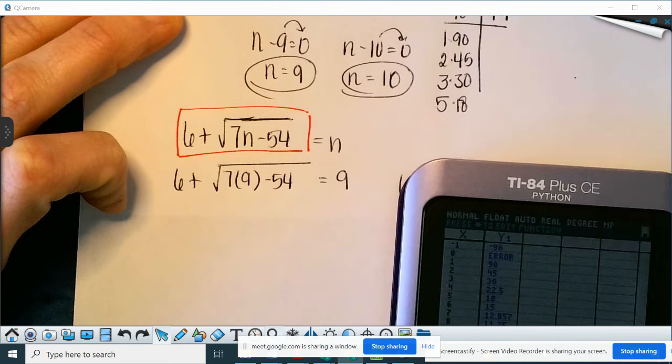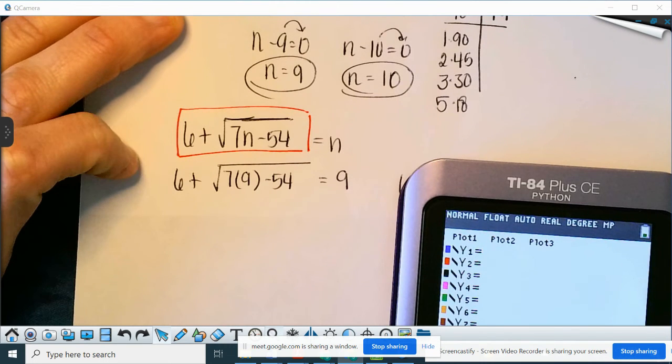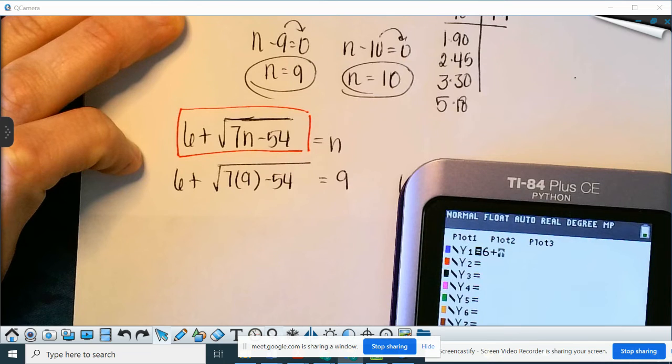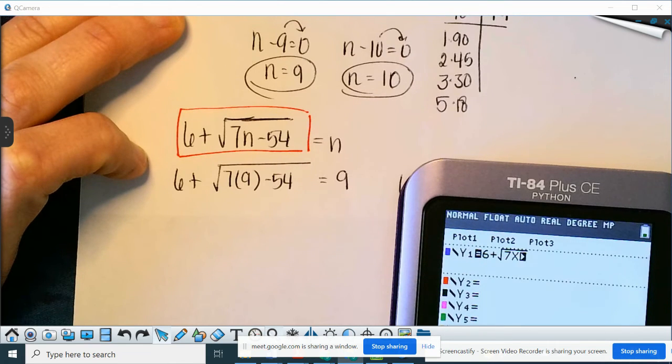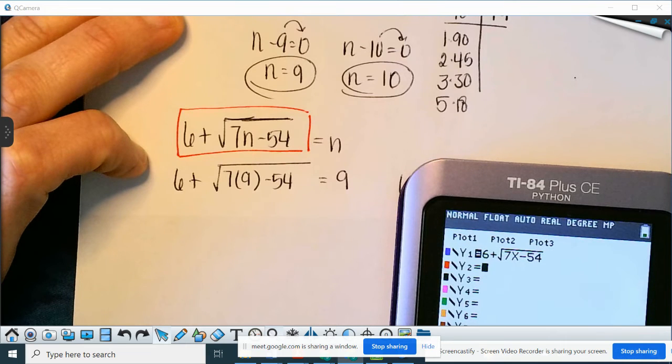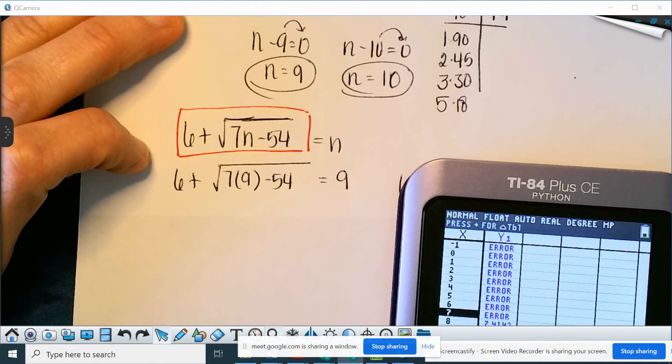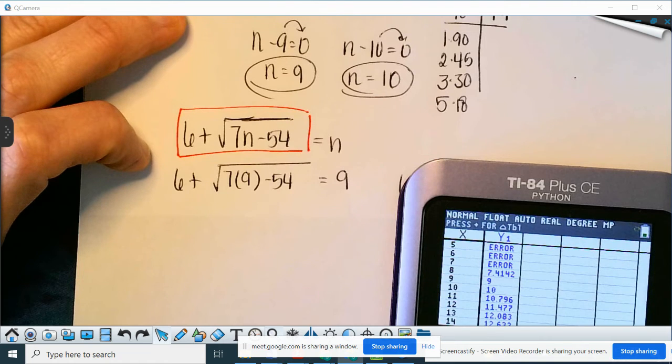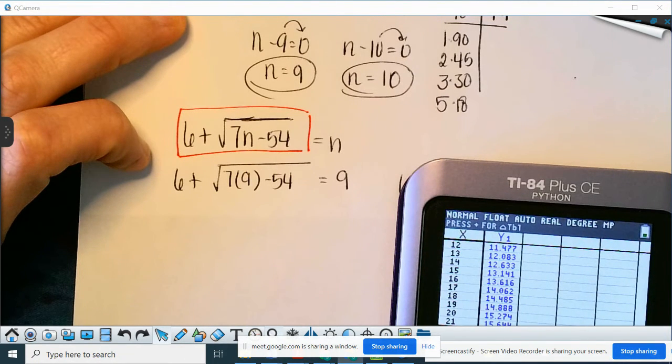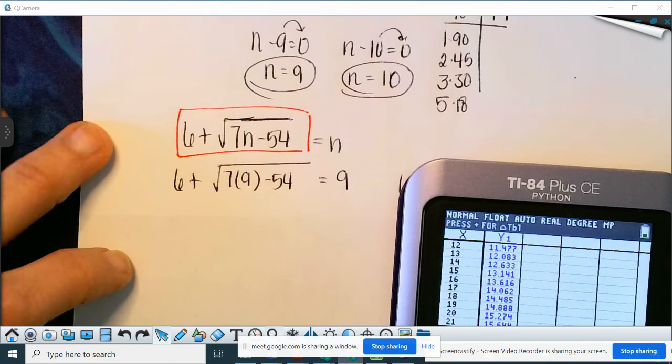And just to, because again, most of you should know by now, if you're really good at staying on the ropes and getting everything right all the way through a problem, that's one thing. But if you know you make careless errors, or you want to double check your checking even, this is a way to do it. And so when we see 9 is 9, that's perfect, and 10 is 10. But then again, no matter what, the rest of them, 22 works, but it gives me an output of 16, not the output of the x value.